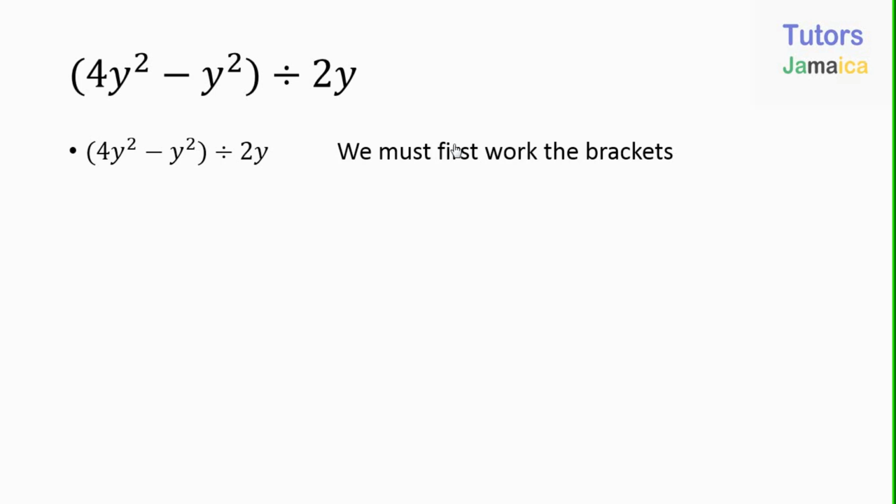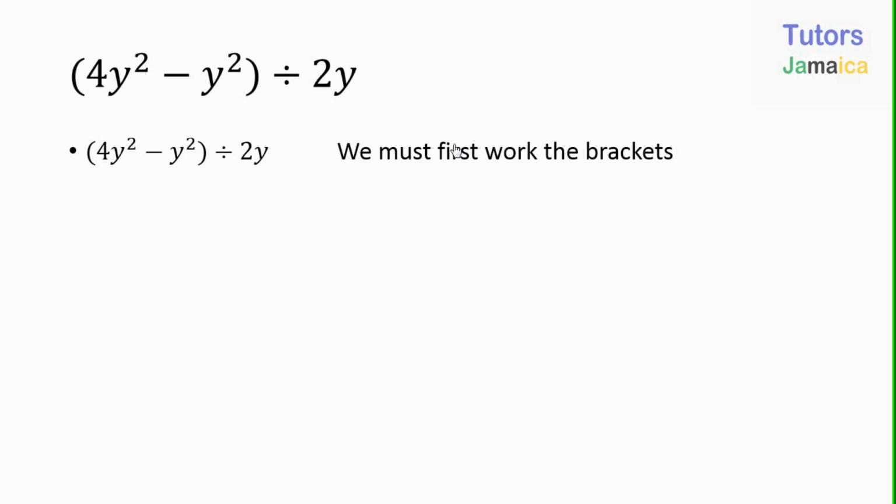Multiplication and division supersede addition and subtraction. So we work out what's in the bracket first, and we know that if the indices are the same, we subtract the coefficients or the constants, and we keep the indices part.